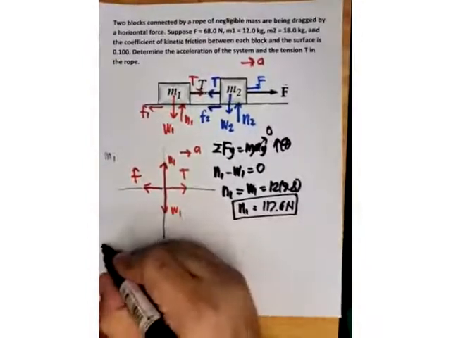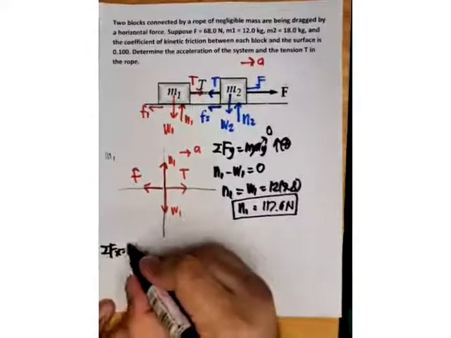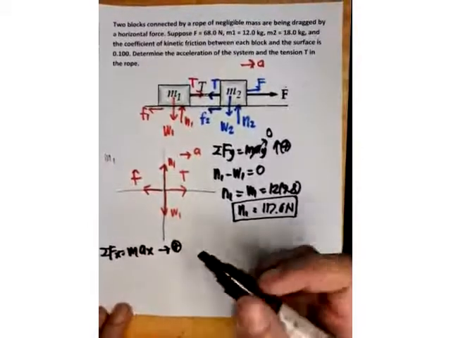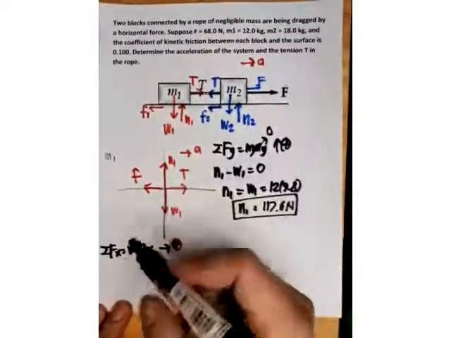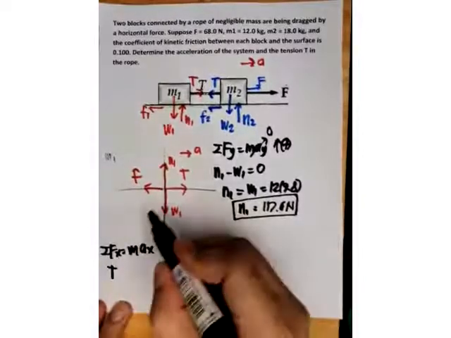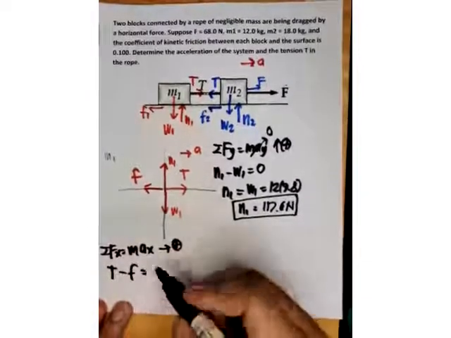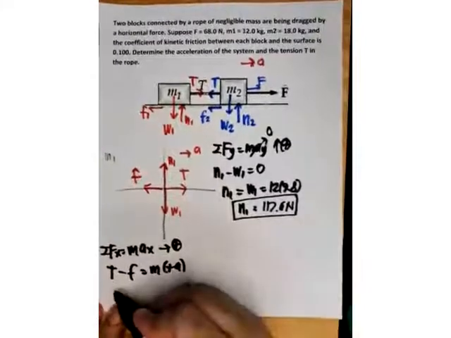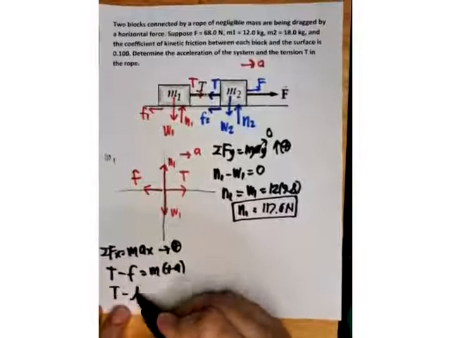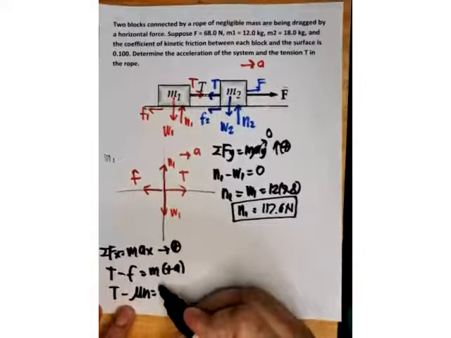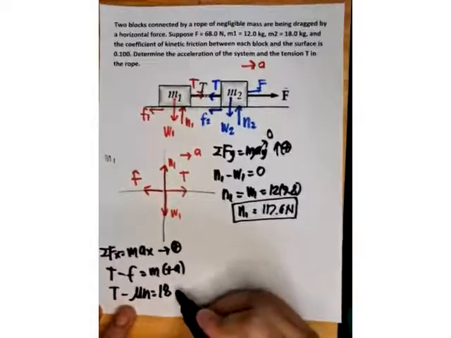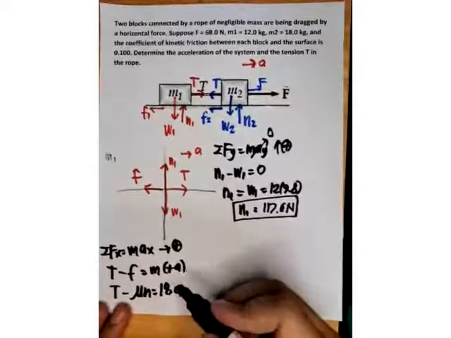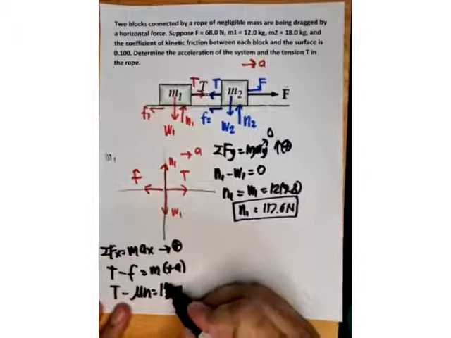Okay, after getting normal, let's proceed to x. So let's have the summation of forces along x is equal to max. To the right will be positive. So focus on the forces along x. We only have the tension and then the frictional force. So that's equal to M times the positive a. So tension minus mu n is equal to 12a.